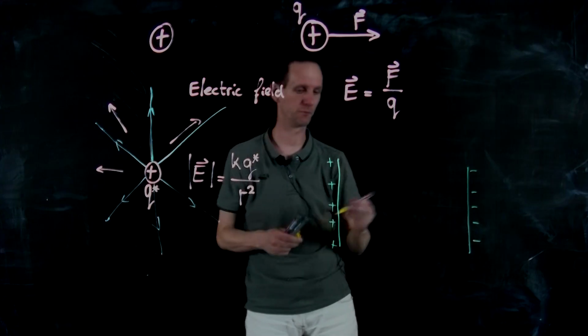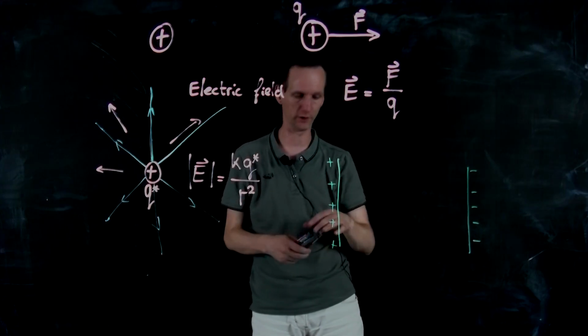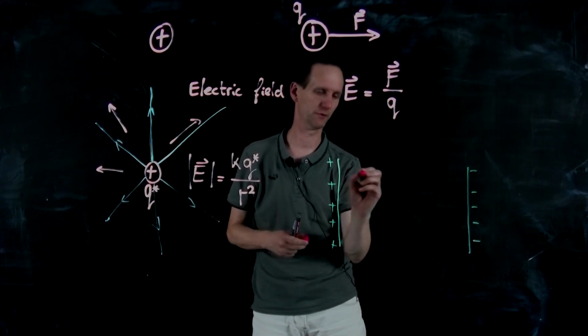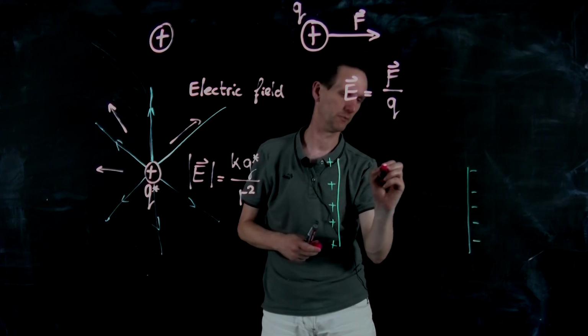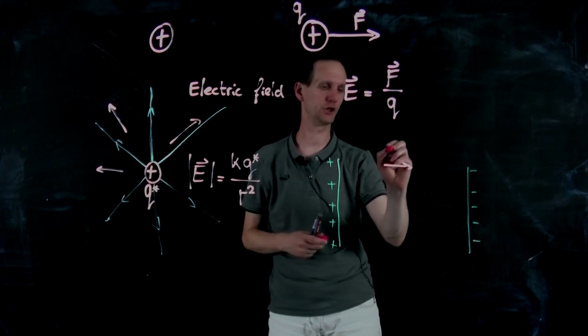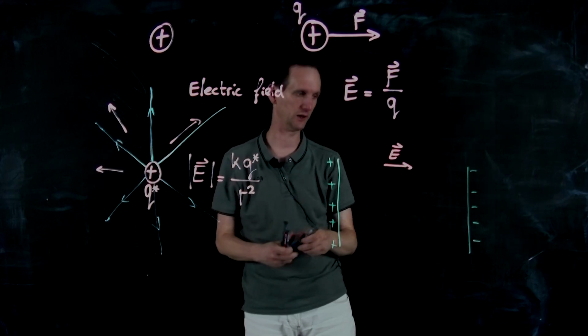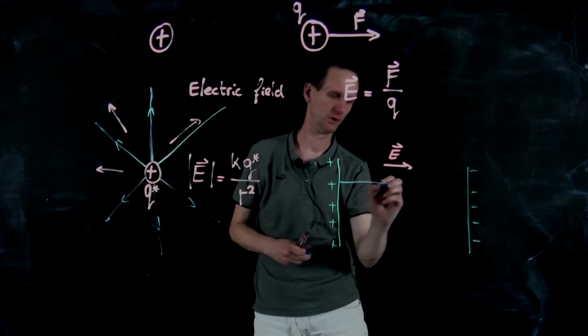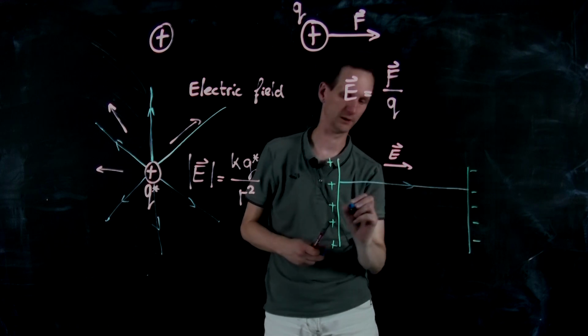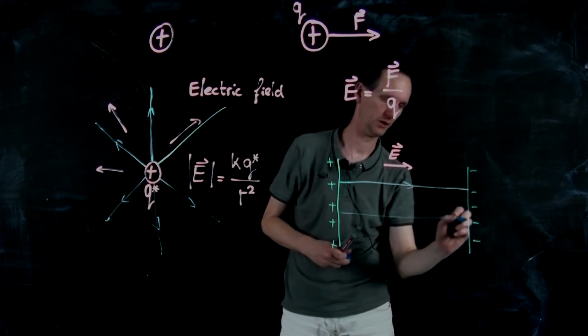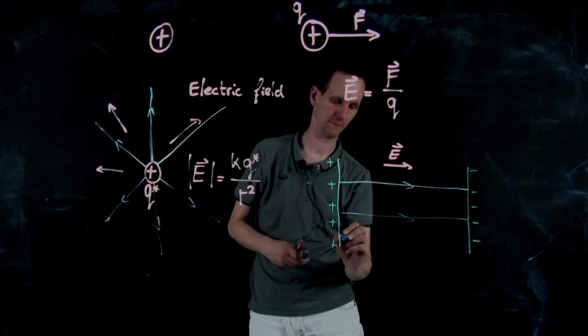And so the field between these two plates will point in the direction from the positive charge to the negative charge. So this is the direction of the field, which means that the field lines here will run between the plates. So here, here, here.